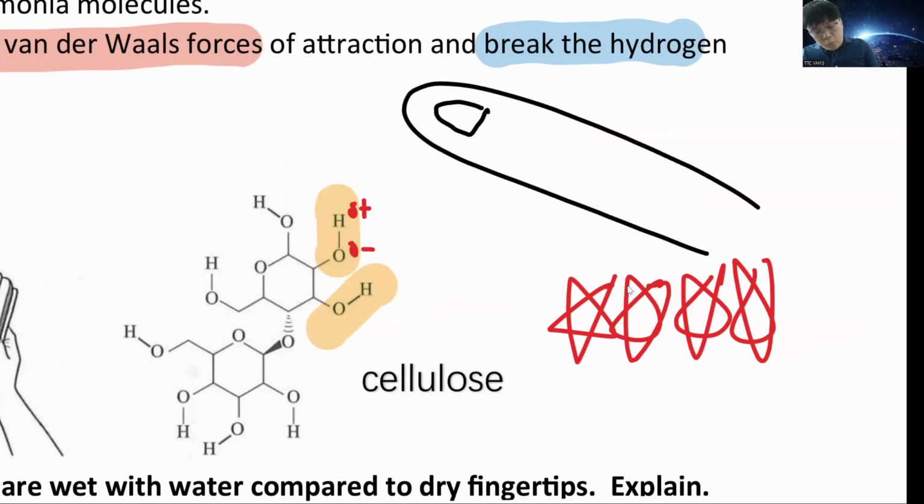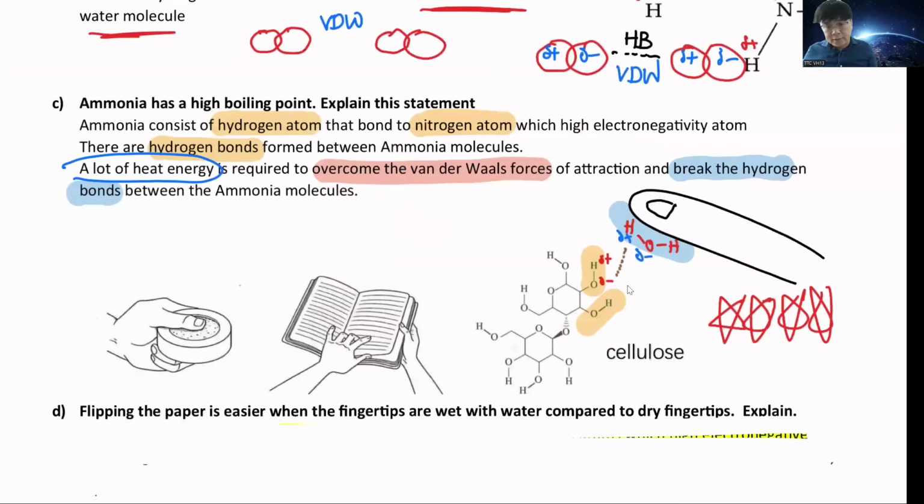But if you wet your finger, you have water on your finger. Water has partial negative and partial positive, so this water will be able to form hydrogen bond with the cellulose, helping you to stick the paper. This is how we explain it.